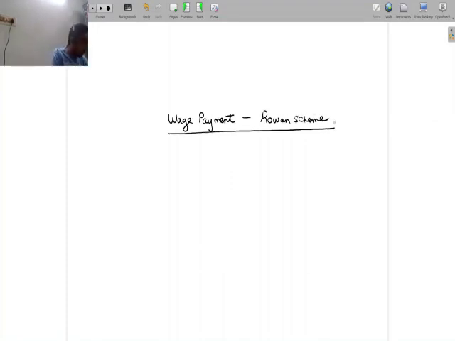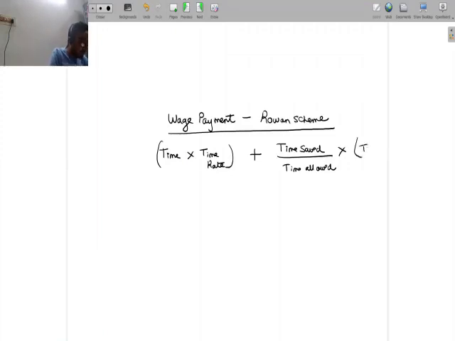Now, the first component in Rowan scheme is time into time rate. This is the first component, time taken into time rate. Now, plus time saved divided by time allowed into time taken into time rate.